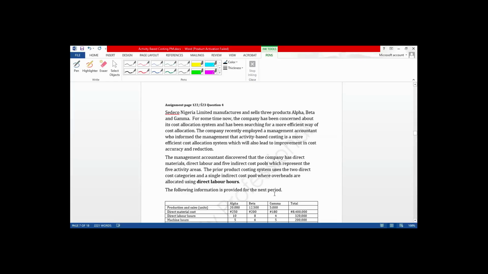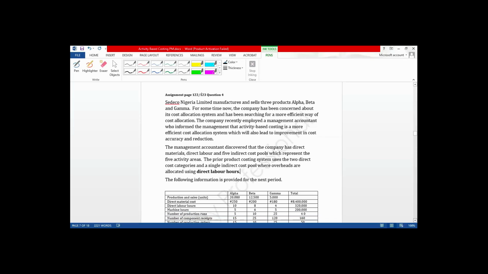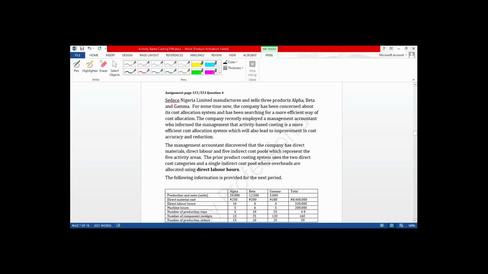You have your production and sales in units for alpha products, production volume and sales volume 20,000, for beta 12,500, for gamma 5,000. You have the direct material cost. You have the direct labor hours per unit.